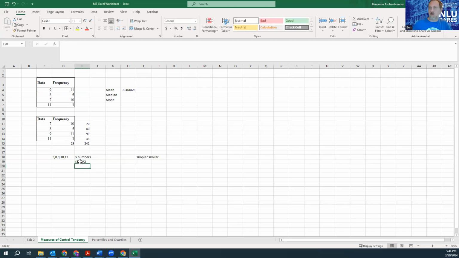So if I have an odd number, I can take the middle of that a couple of ways. I could just do 5 divided by 2 and then round up, or I could just add 1. 5 plus 1 is 6. 6 divided by 2 is 3. And that should always work. Just do one more with 7 numbers to kind of prove to myself that I'm not crazy.